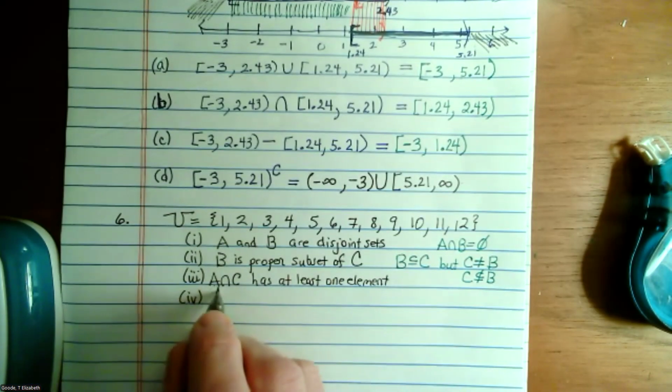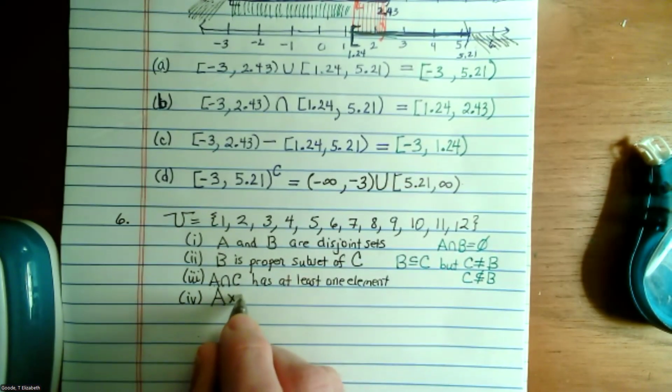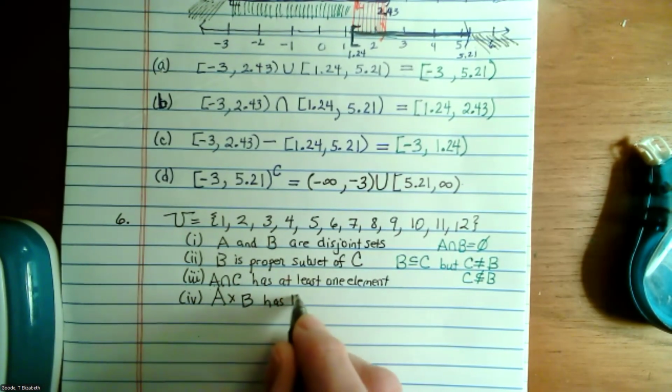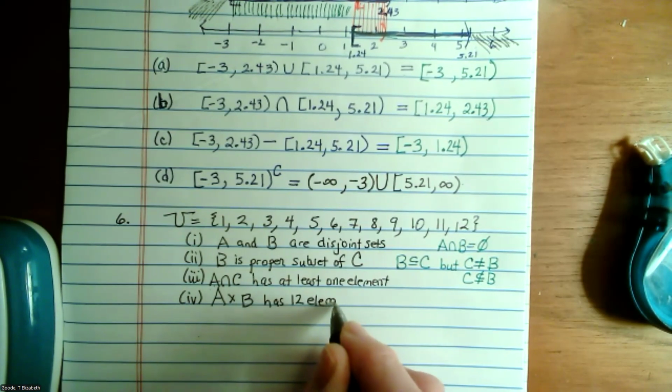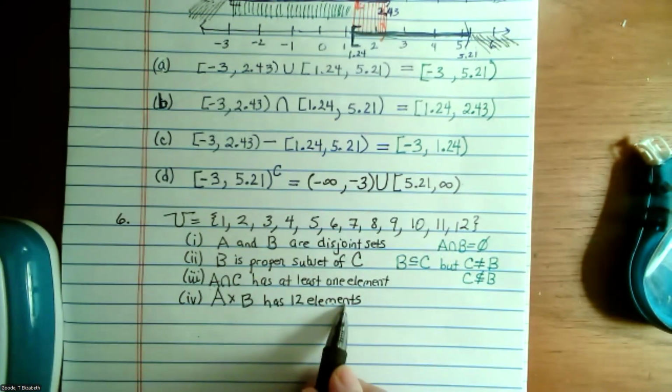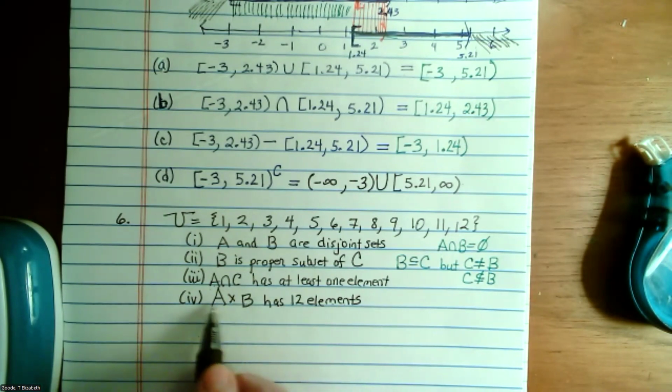And then finally, A cross B has 12 elements. So we know something about sizes of sets. If the cross product has 12 elements, then there's some different sizes for A and B that could work.